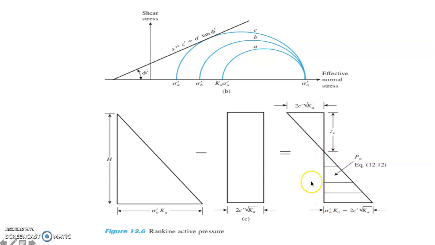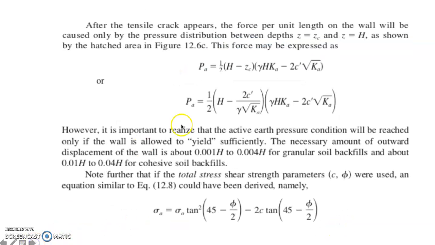So that would be equal to 1/2 times H minus Z sub C times sigma sub O K sub A minus 2 C prime square root of K sub A. Of course, sigma sub O is equal to gamma times H. And if we simplify, this is now the equation for our total Rankine active pressure after the tensile crack.